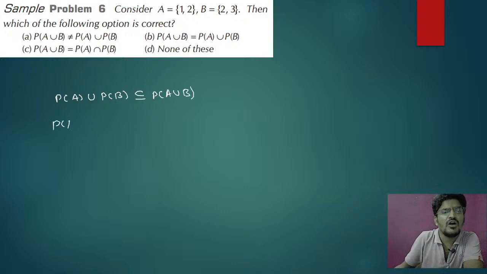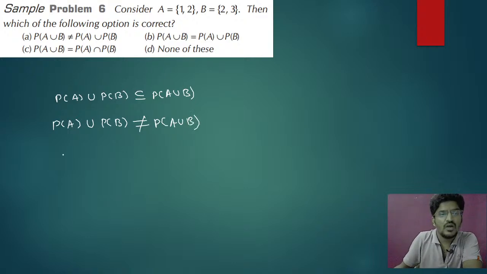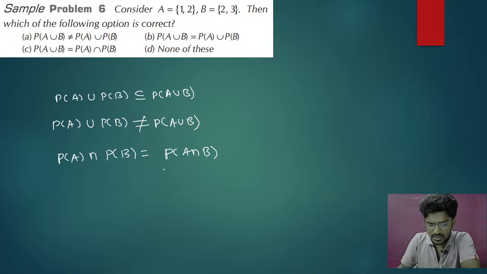And P of A union P of B is never equal to P of A union B. One more, P of A intersection P of B is equal to P of A intersection B. These things we have already studied. At least now you give me the correct answer for the properties of power set.